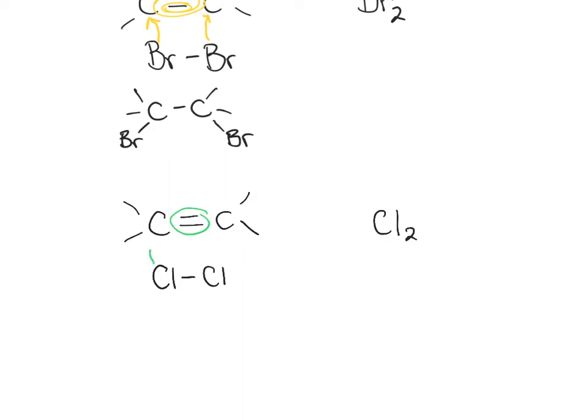One of the chlorines is going to bond onto one of the carbons in the double bond, and the other chlorine is going to bond onto the second carbon. So we end up with a carbon to carbon single bond, the bonds that we had already, and then our new bonds with the chlorine atoms at each end of the double bond.